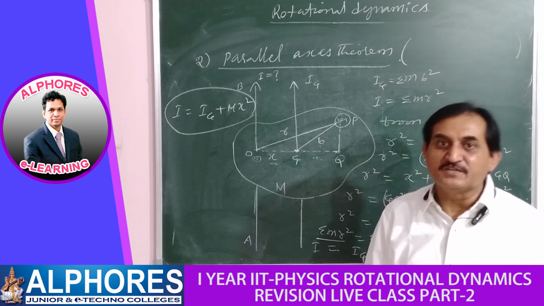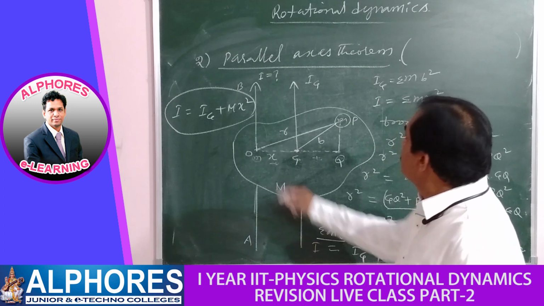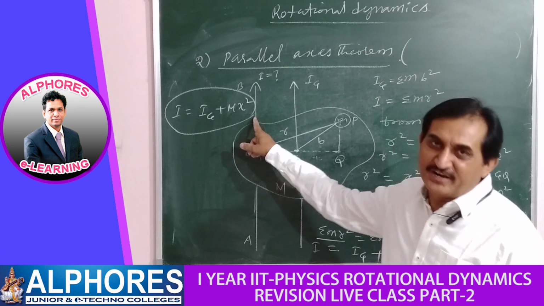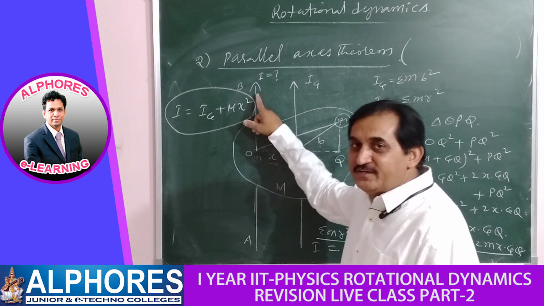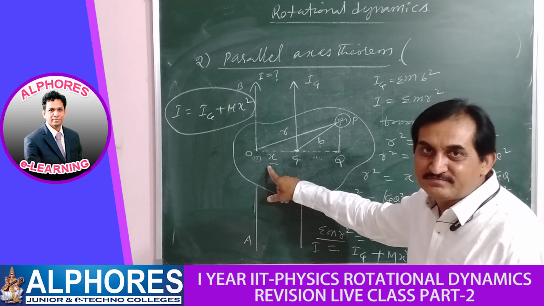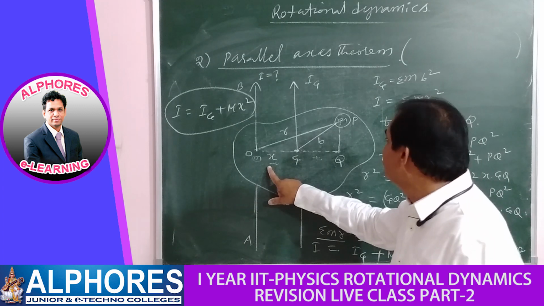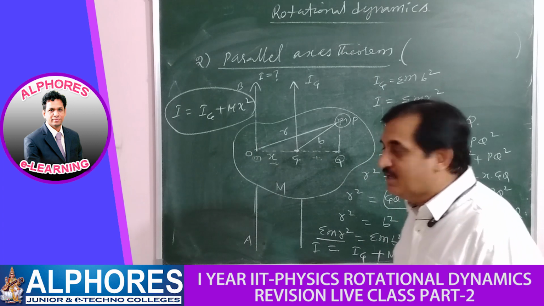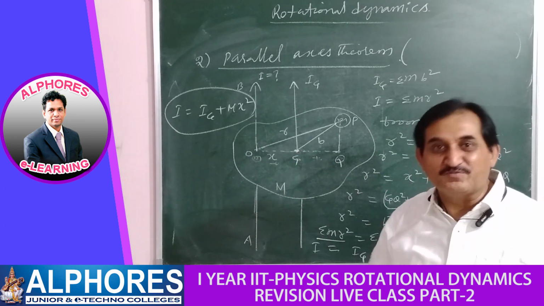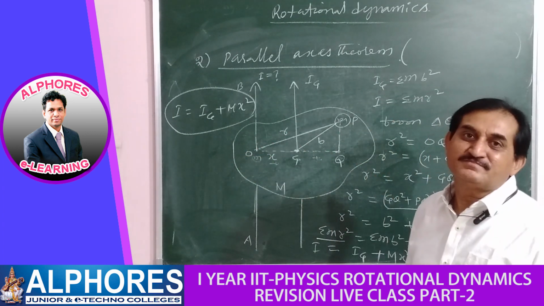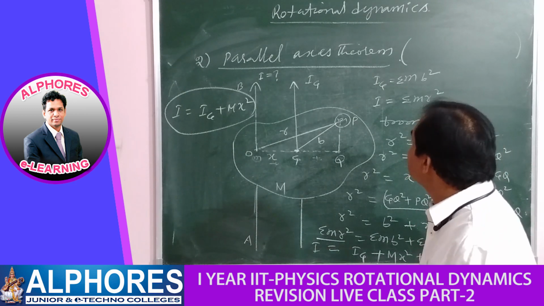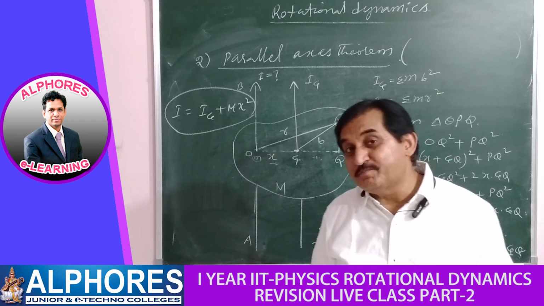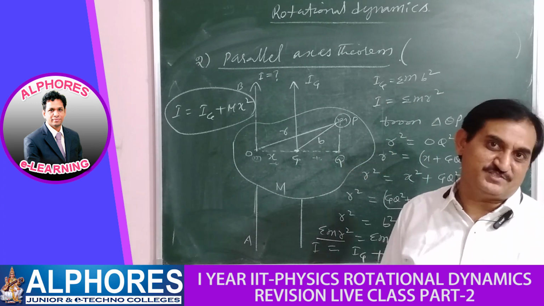I would like to repeat once again. The moment of inertia of a rigid body of any regular shape is equal to the sum of the moment of inertia about an axis passing through the center of gravity, parallel to the given axis, and the product of the whole mass and the square of the perpendicular distance between the two axes.